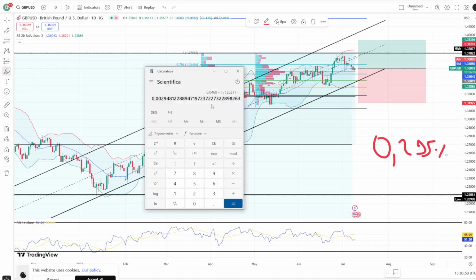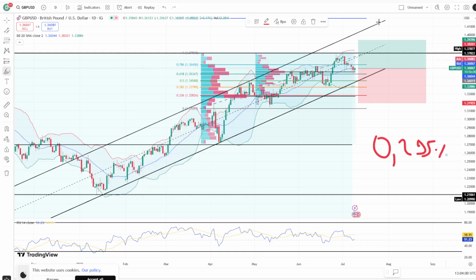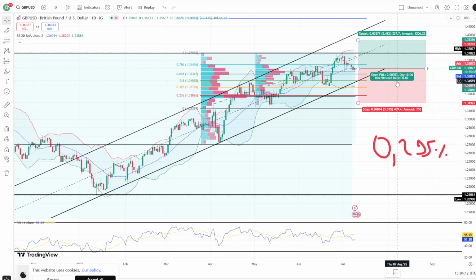I do know now that in a day, perhaps I can expect that the exchange rate will move by 0.29% or 0.3% more or less. So I can size accordingly.